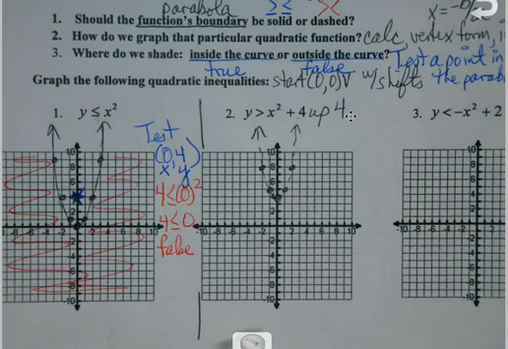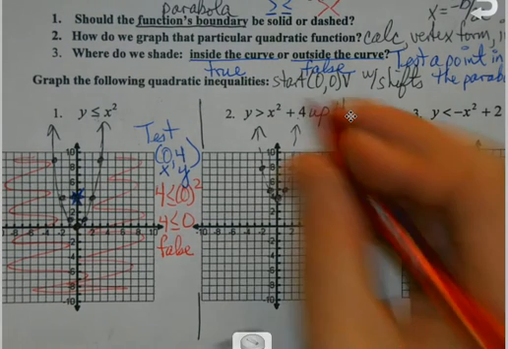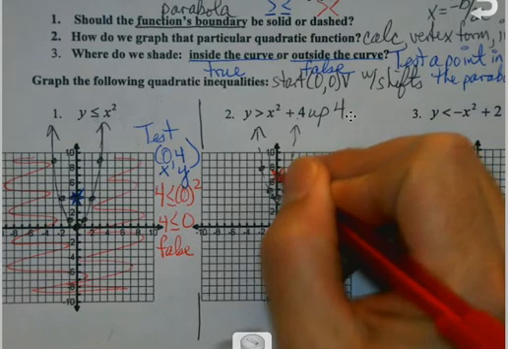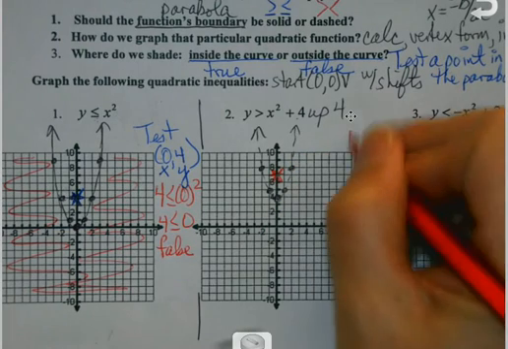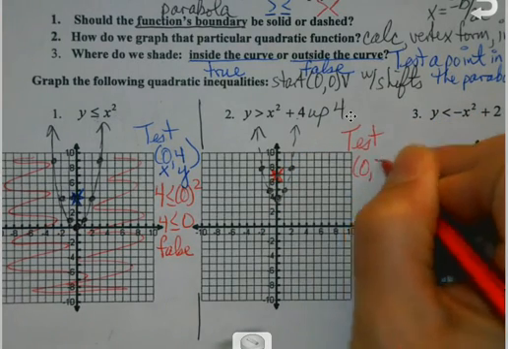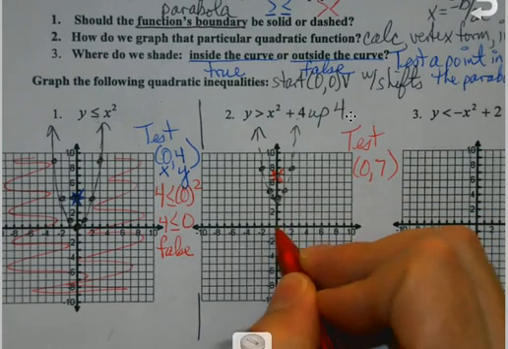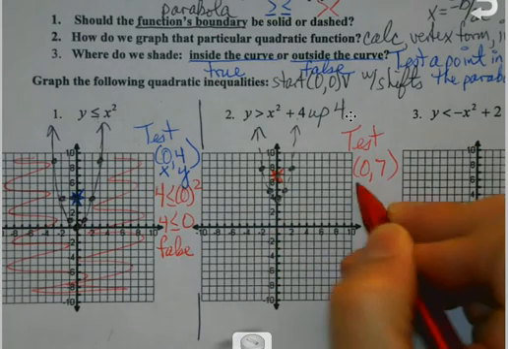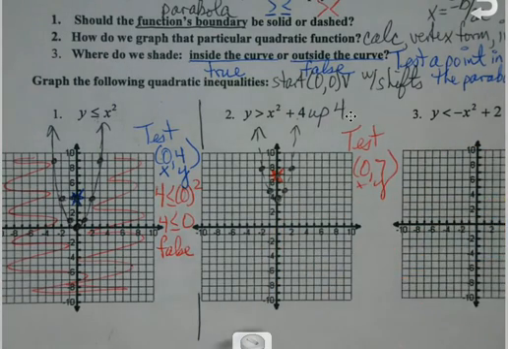So I go ahead, I get that drawn in, and then I'm going to test a point inside the parabola. Again, doesn't matter where as long as it's inside. So this time I'm at 0. I didn't move left or right at all. 7. And again, I'm going to plug those values in.